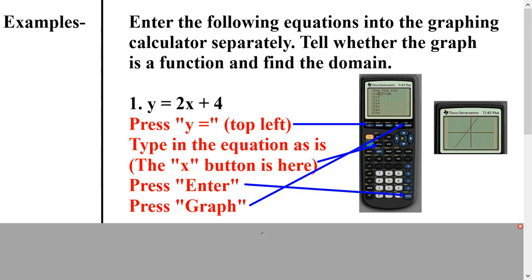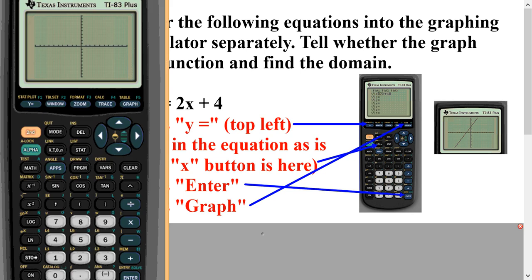So first, we're going to type in the equation y equals 2x plus 4 and then graph it. So these are the steps to do that if you'd like to write them down. Okay, but I'm going to show you with my graphing calculator. And please follow along with me so that you know exactly what you're doing and you can make sure that you're doing it right.